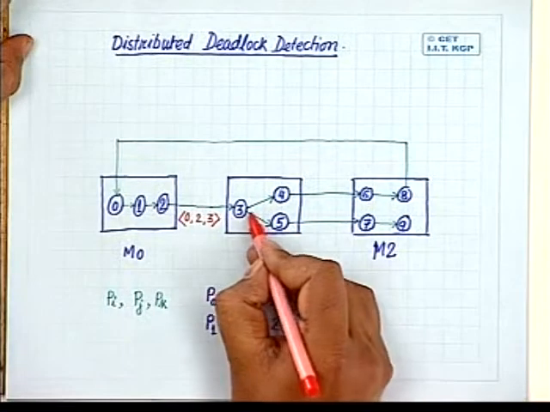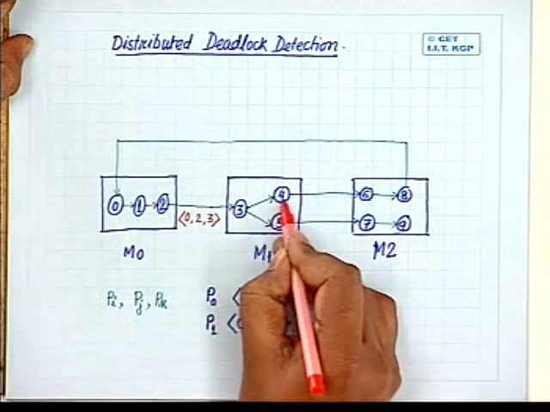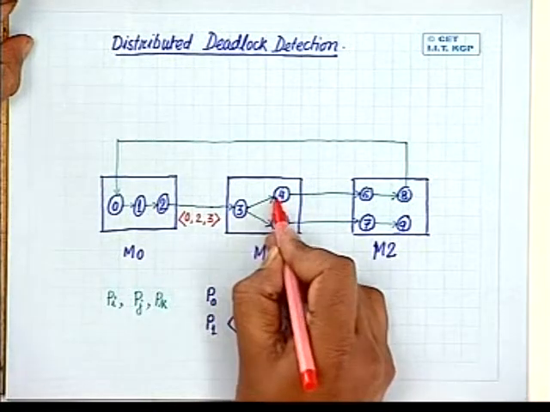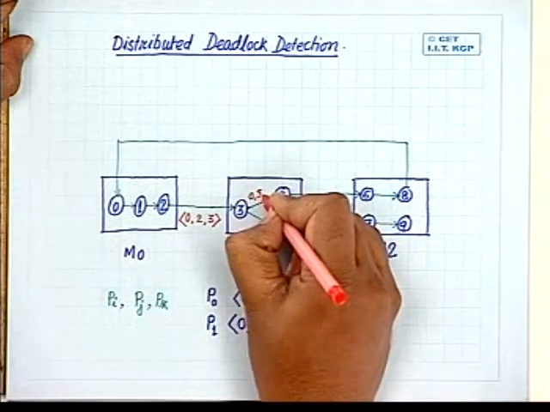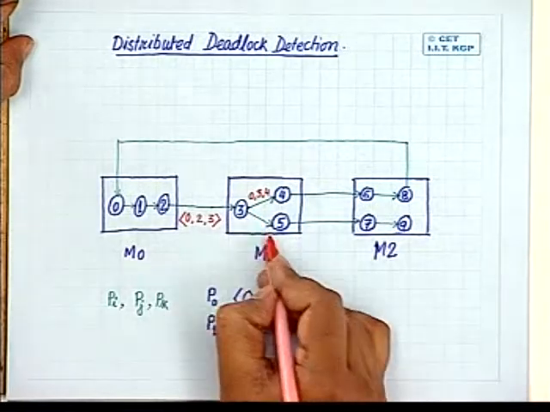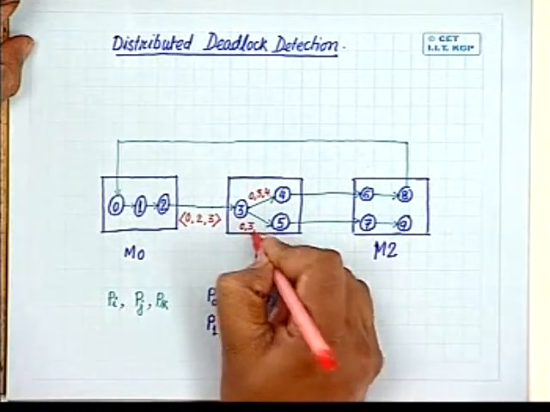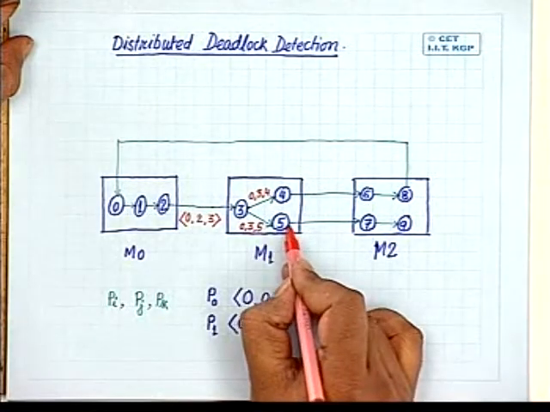Process 3 will now generate 2 messages because 3 is waiting for 2 processes. On this link, 3 will send a message 0, 3, 4, and on this link it will send the message 0, 3, 5.